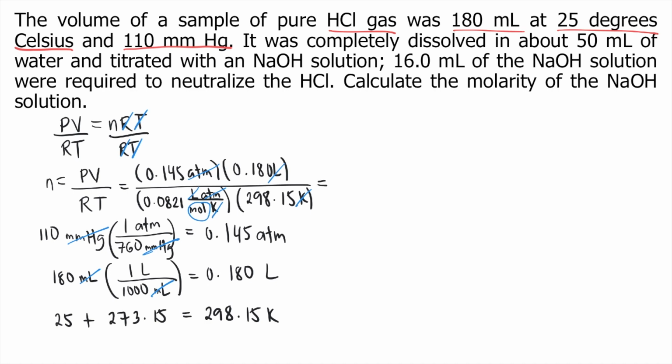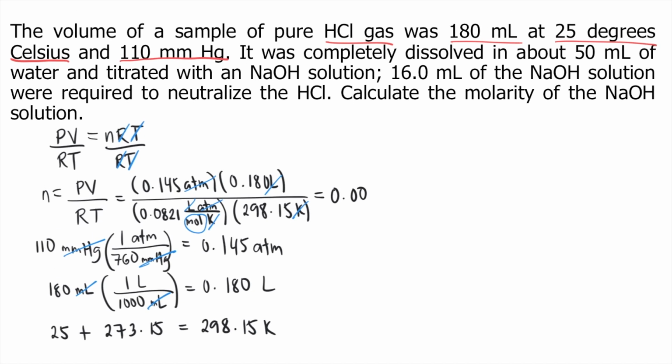If you solve this in your calculator, 0.145 times 0.180 divided by 0.0821 times 298.15, this will give you approximately 0.00107 moles of HCl. Okay, so now that you have the moles of HCl, let's proceed to the next part of the problem.